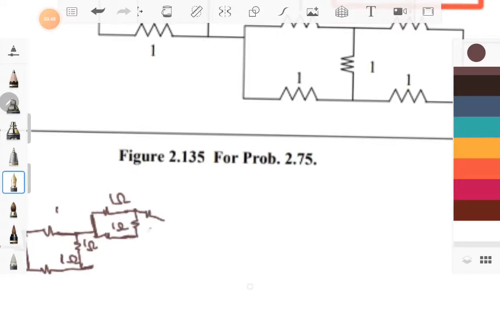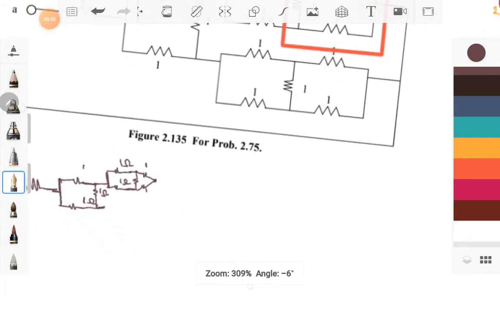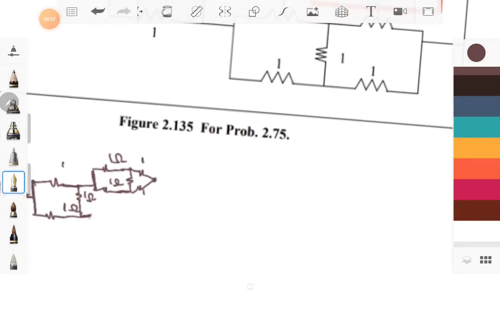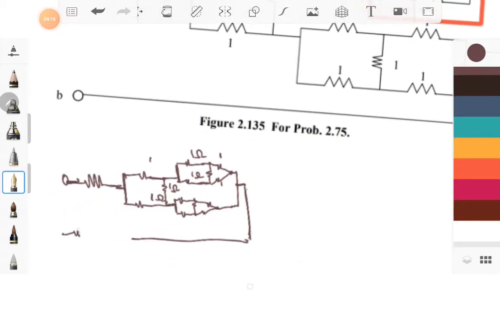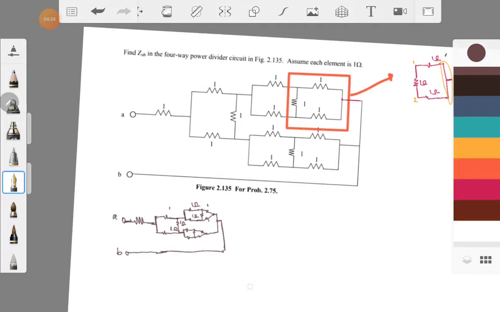And then our figure, which is going to the same circuit. Okay, this figure can be written into this figure. This is your terminal A and your terminal B. Okay, this figure is equivalent to that figure.